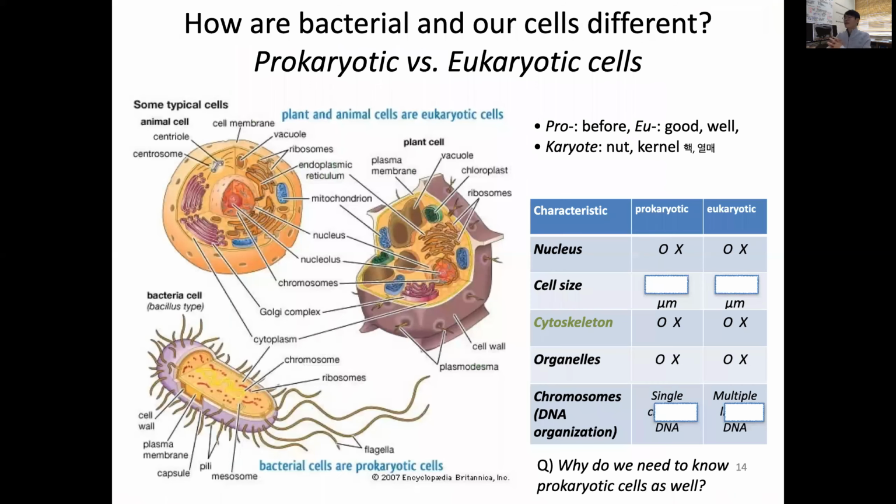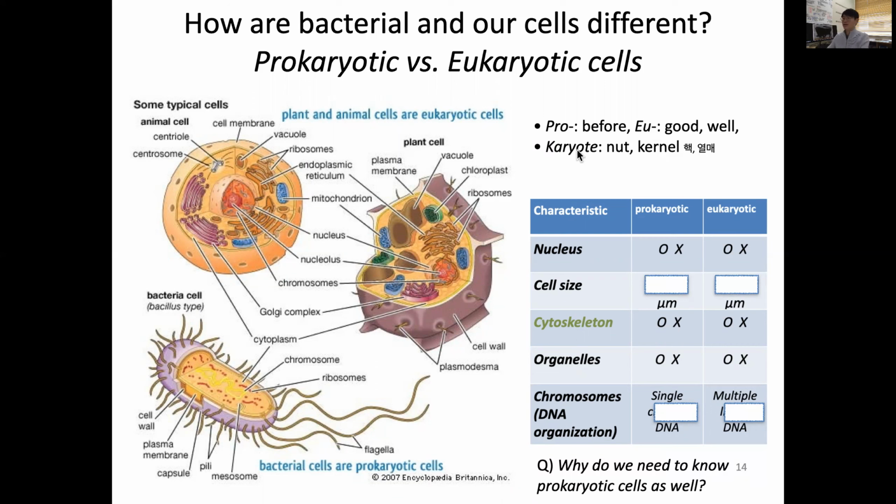Those bacteria we saw are called prokaryotic cells, and our cells or plant cells we call eukaryotic. Karyo refers to the nucleus. Pro means before, so bacteria and germs belong to prokaryotic, while eu means good, and so having this nucleus corresponds to us or plants.